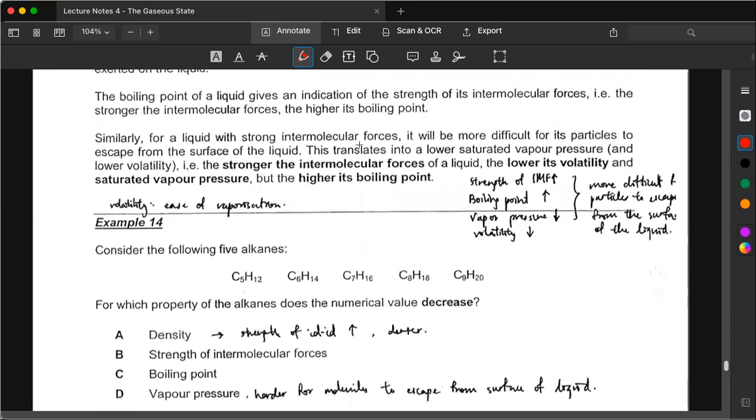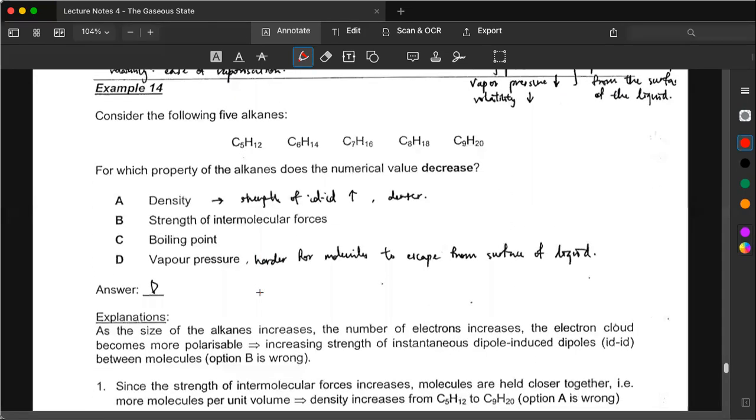Consider the five alkanes. For which property does the numerical value decrease? The answer will be D. Why?